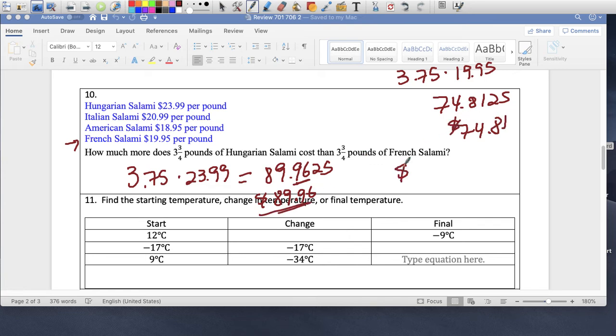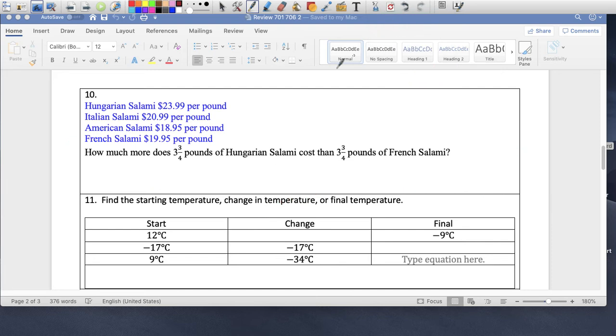Let's figure out how much more. 89.96 minus 74.81. So we want to see the difference in price. It's a $15.15 differential between the two salamis, even though you're buying the same quantity. Okay, so it might be based on quality.